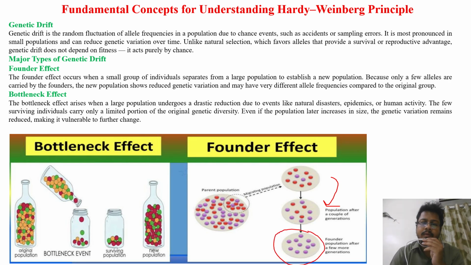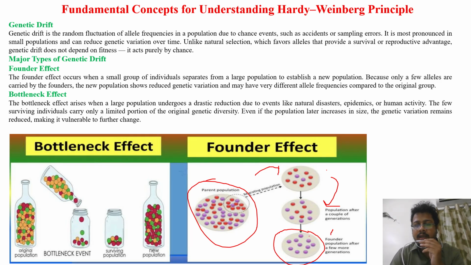So here the gene pool is looking quite different, but from here a small population transferred here, in which red is predominant, and from here another population transferred after a couple of generations, in which the blue allele is predominant, and they reproduce among themselves to give a population where only the blue allele is present.